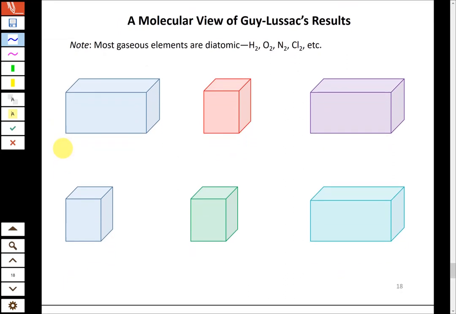So at the microscopic level, here's sort of what it looks like with a couple of examples. The one that we just gave you was hydrogen and oxygen. As I said, hydrogen and oxygen exist as molecules. So you'd have two hydrogen atoms bonded together to make molecules. So 2 volumes of hydrogen, or 2 molecules of hydrogen, however you want to interpret that, combine with 1 volume of oxygen.